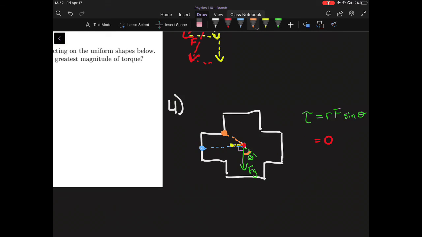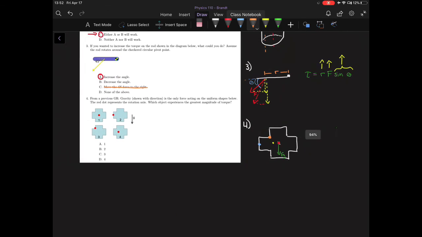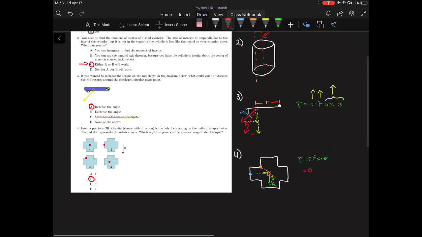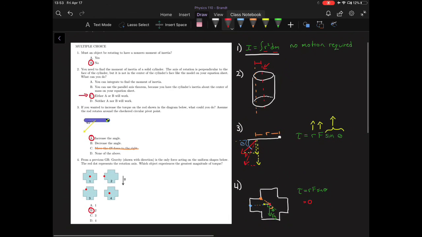And then we would have the blue dot with the longest radius and sine of 90, which is just 1, so we don't decrease that at all. So if we go back over, blue is going to have the greatest one, and blue is dot number 2. So 2 actually has the greatest torque on that problem.